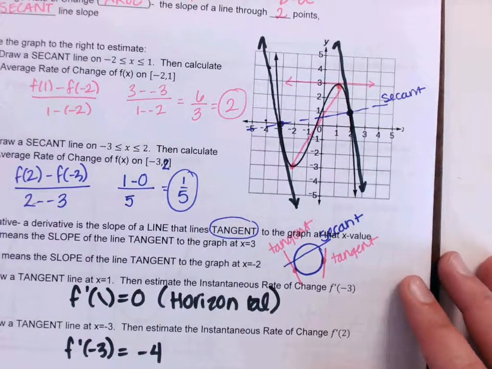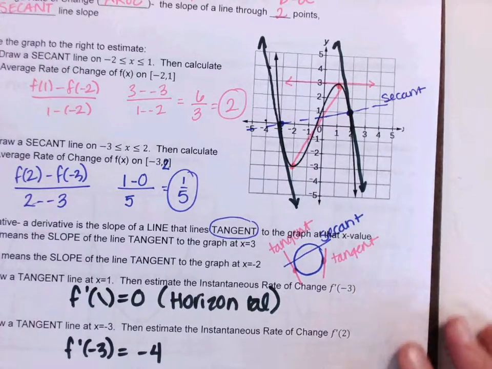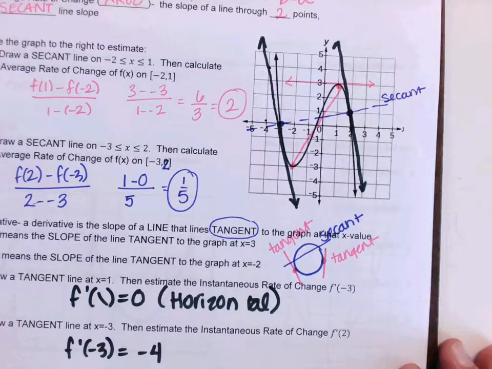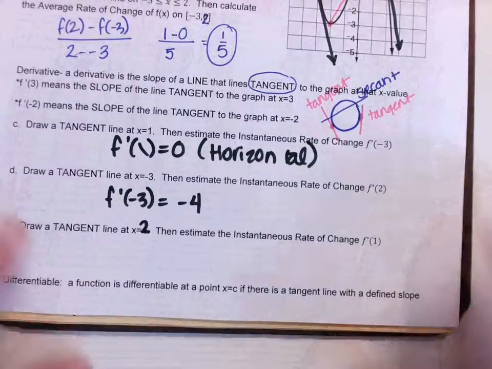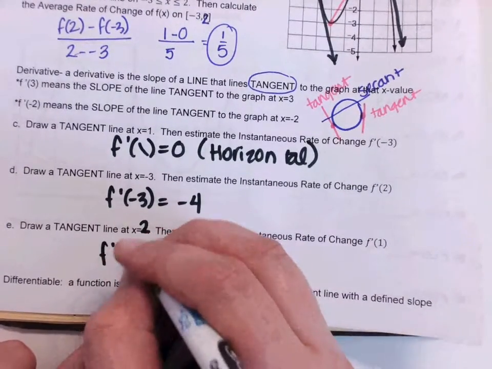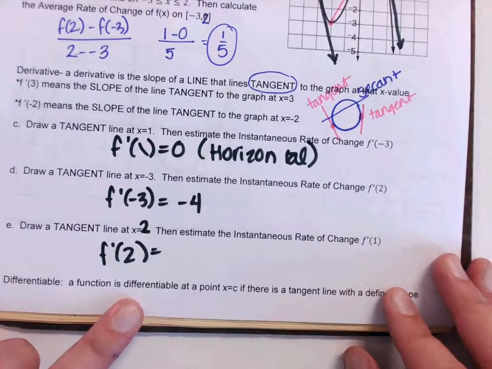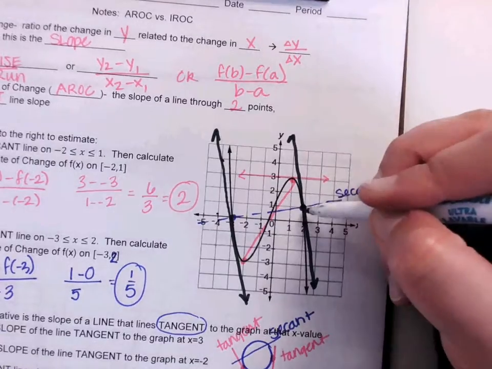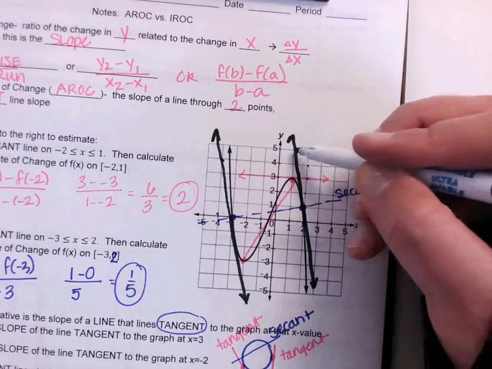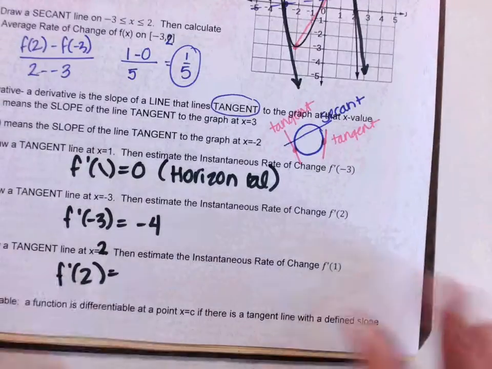That would be represented by f prime at 2. So I'm going to come down to my graph here. I want f prime of 2. And then I'm going to count the rise over run of that line segment that I just drew. So if I'm here, it looks like 1, 2, 3, 4 over 1, so it's -4.